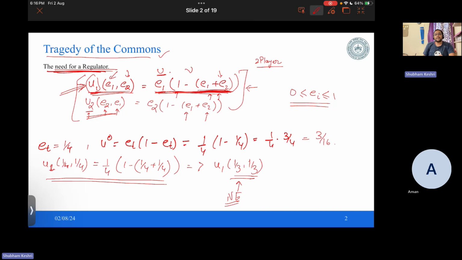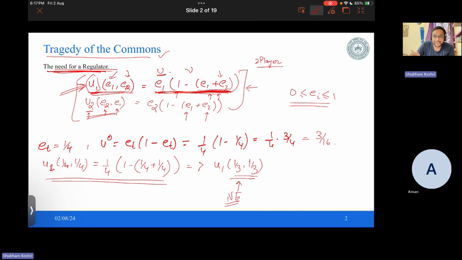And if you remember the definition of Pareto optimality, this is the exact definition of Pareto optimality, where we see that both the players can simultaneously improve their utility at the same time, and hence the Nash equilibrium is not Pareto optimal. All right. So this is what was discussed in the lecture.